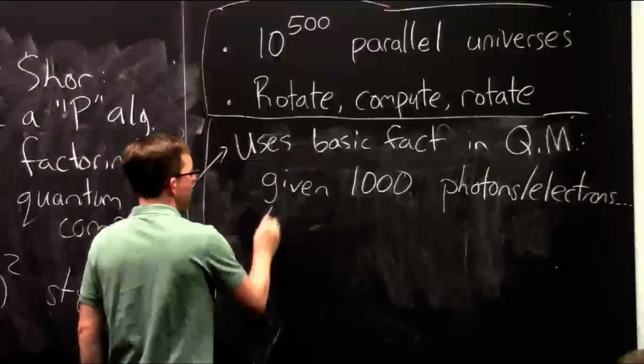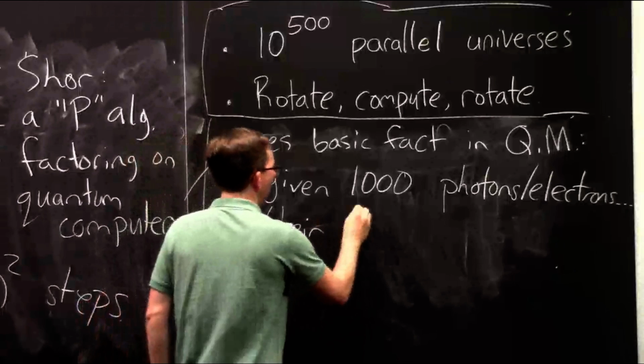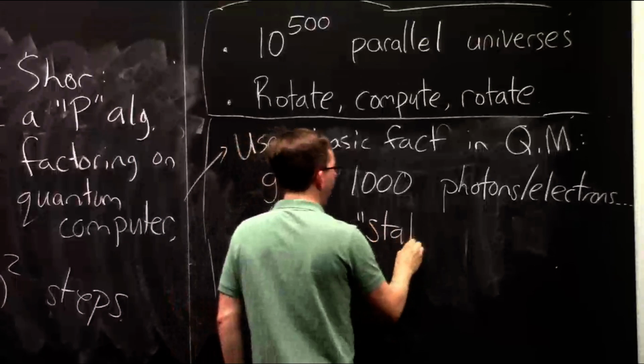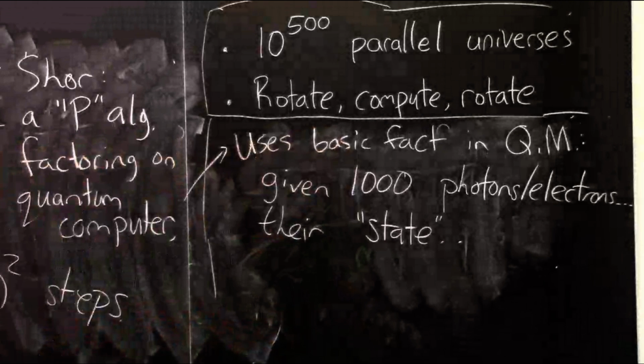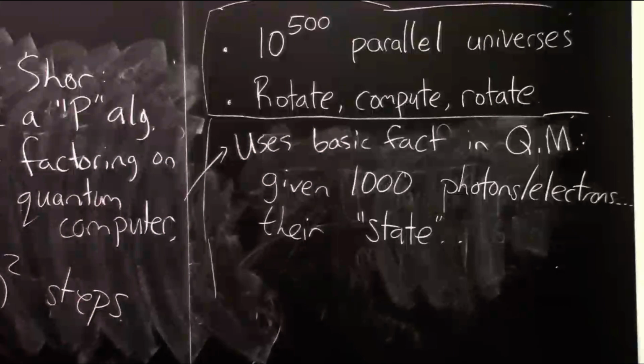they have a joint state. I'll say some words about it in a second, but just like in normal physics, if you have a hockey puck sliding on a sheet of ice, its position, its state, is defined by two real numbers, the x-axis and the y-axis. Or if you have a ball flying in space, its position is specified by 3 real numbers.